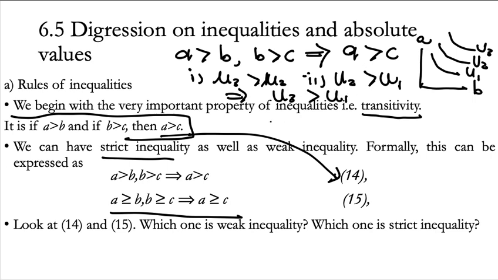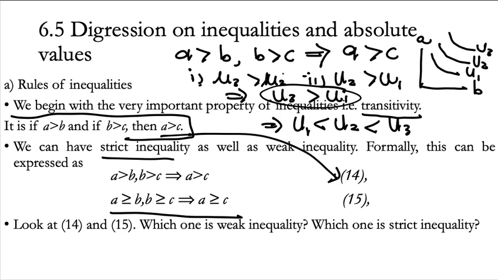Therefore, it implies that U2 here has to be higher than U1, but has to be lower than utility function 3. So this one is implied from 1 and 2. So this is the transitivity concept.